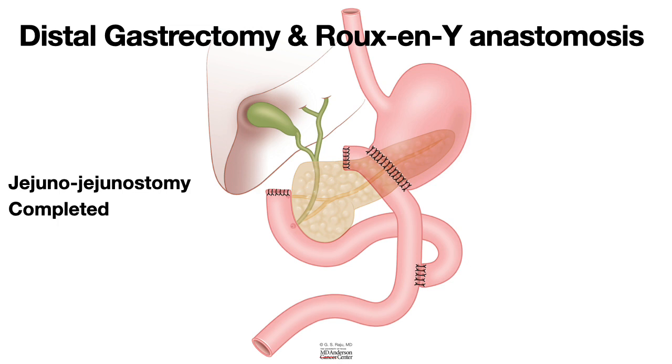As you can see here, in Roux-en-Y anastomosis, there is a gastrojejunostomy, closure of this limb, jejunal anastomosis, closure of this limb. And let us see how you perform an ERCP in a patient with distal gastrectomy and Roux-en-Y anastomosis.